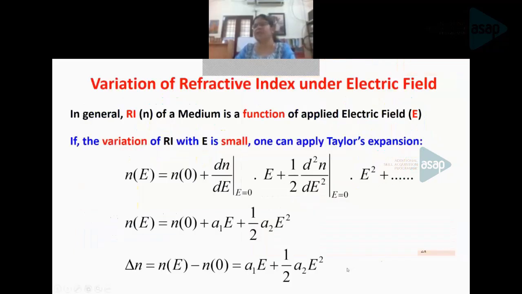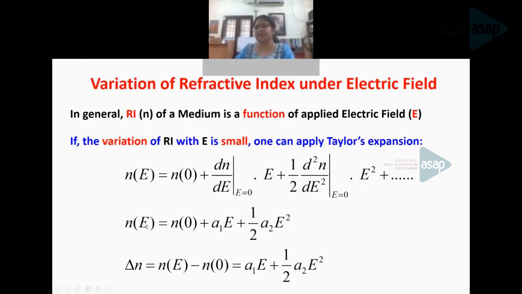Okay. Here we can derive the variation of refractive index under the influence of electric field. Now we know that the variation of refractive index is very small with electric field. Therefore, we can apply a Taylor series expansion. So n of E can be written as n of 0 plus the first derivative of n with respect to E into E, plus half the second derivative of n with respect to E into E square, etc. Since the variation in refractive index is very small, we can truncate the series here.